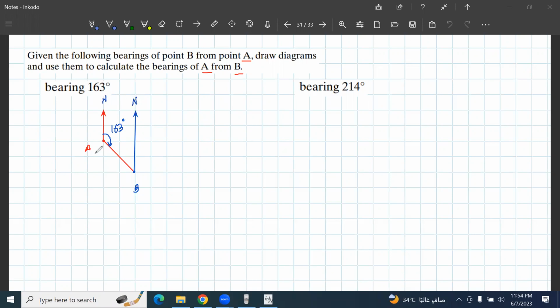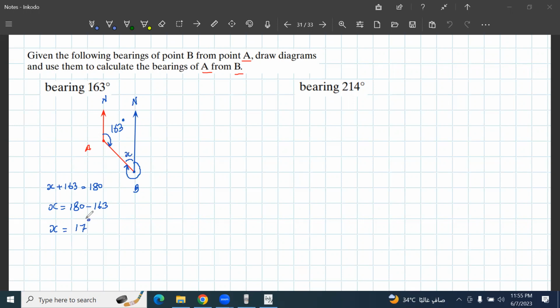The bearing of A from B is from north to the right till we reach the line which connects A. This is your bearing, okay? Now how to find it? Again, there are two rules. First, you find the inner angle, this one. Let's suppose this is X, so interior angles sum equal supplementary means X plus 163 is equal to 180, which gives us 180 minus 163, that would be equal to 17.